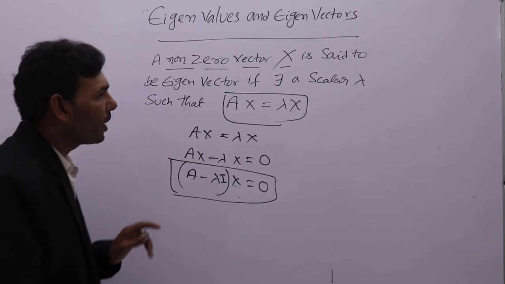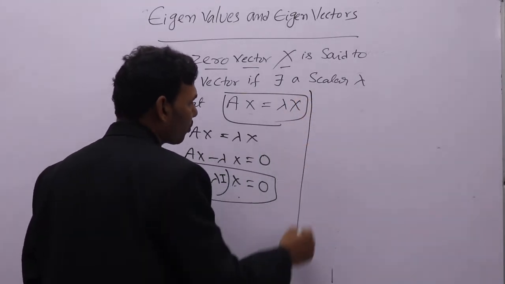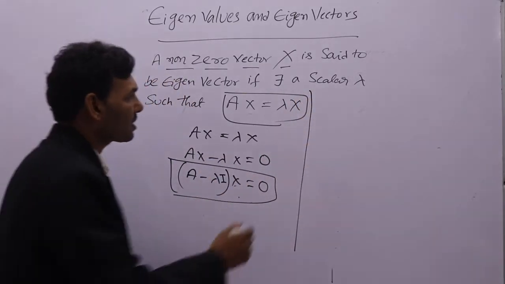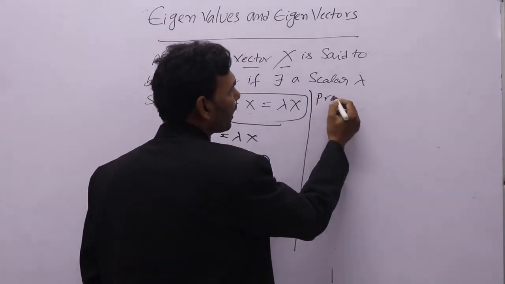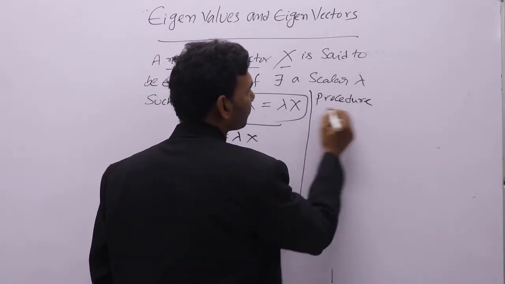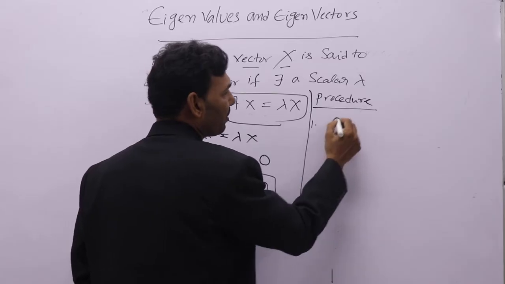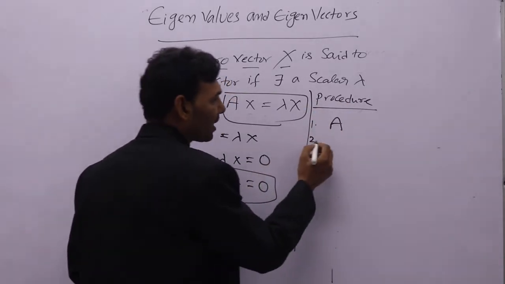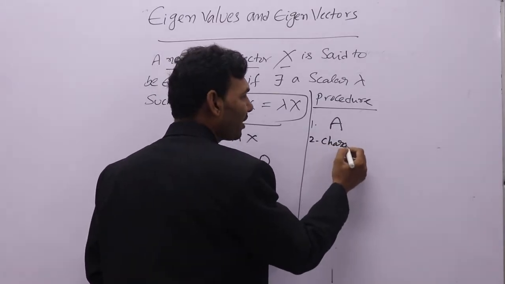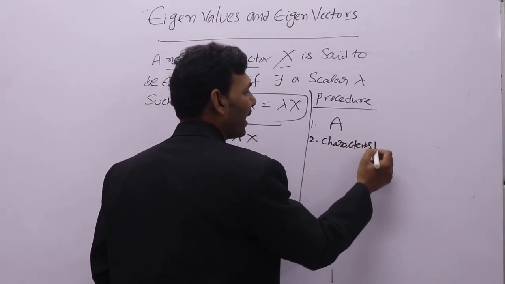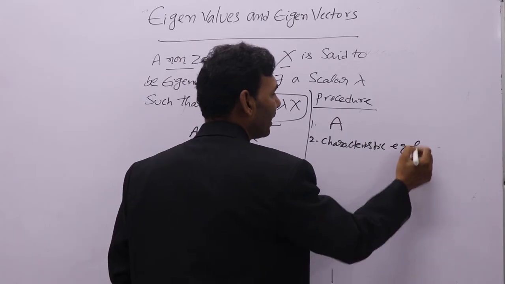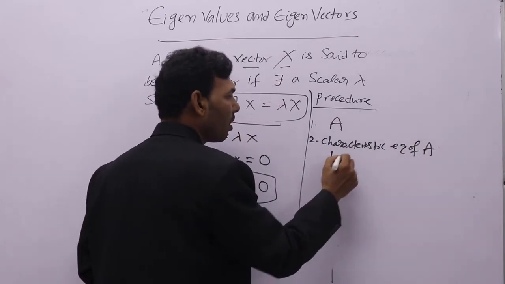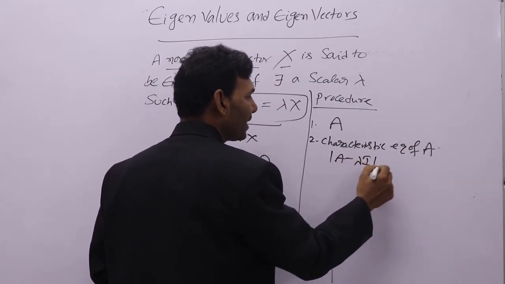For this, we have a particular procedure to calculate eigenvectors. First, let A be the given matrix. Next, write the characteristic equation of A, which is det(A minus lambda I).